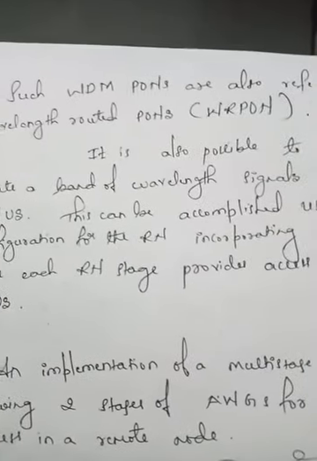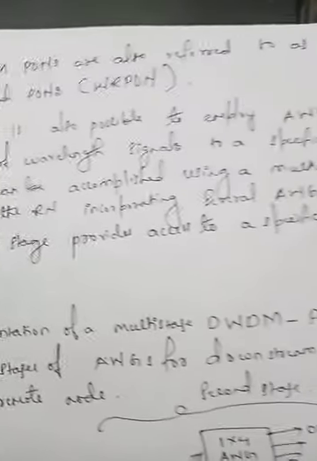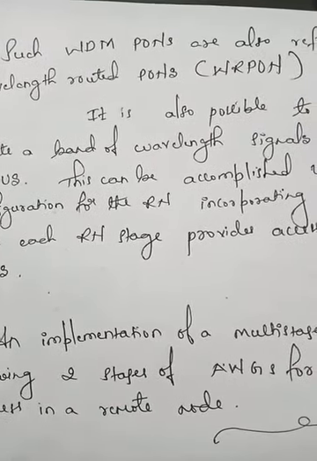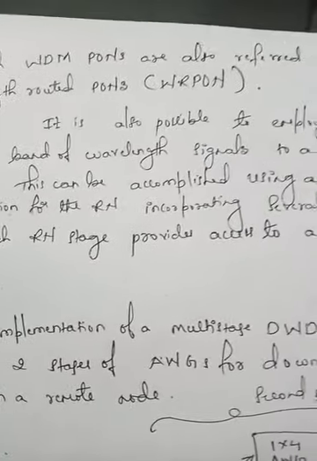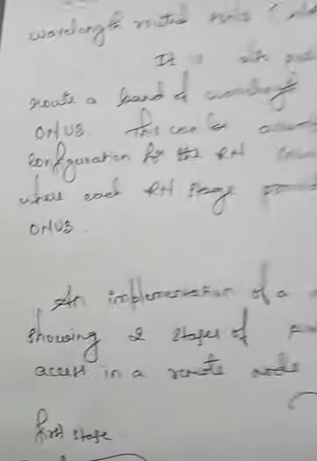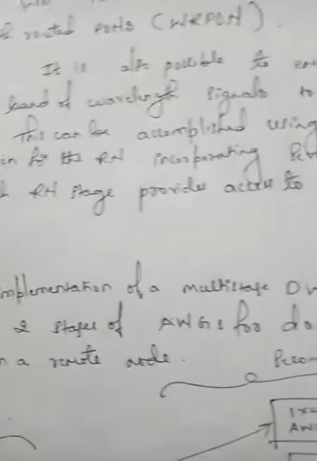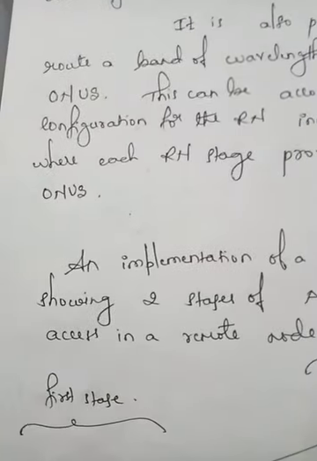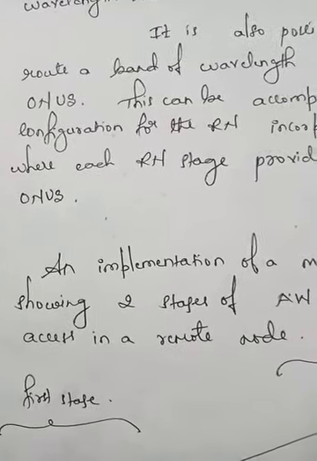Such WDM, wavelength division multiplex passive optical networks, are also referred to as wavelength routed PON, that is WRPON. It is also possible to employ AWG to route a band of wavelength signals to a specific group of ONUs, that's optical network units.